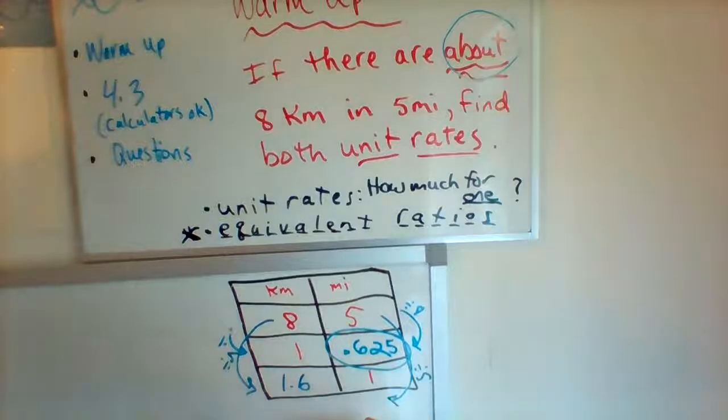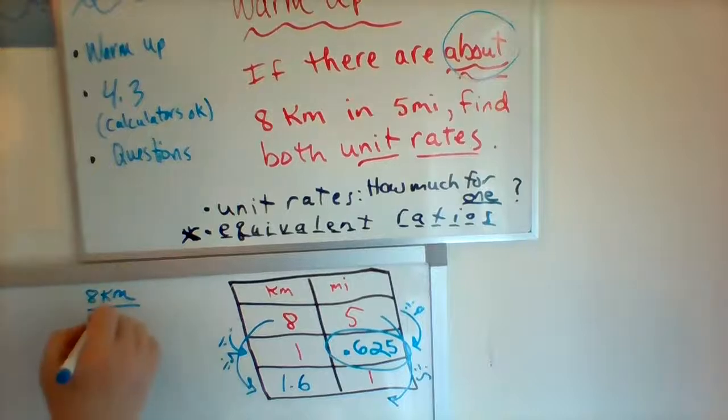Let's try 8 divided by 5 and see if it gives us 1.6. 8 kilometers divided by the number 5. What do we get?